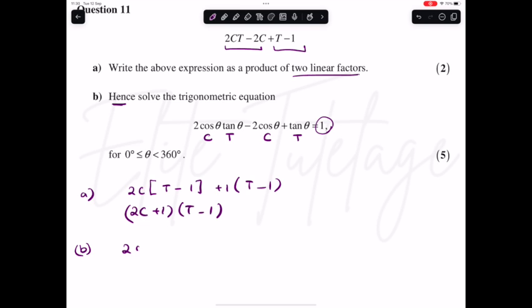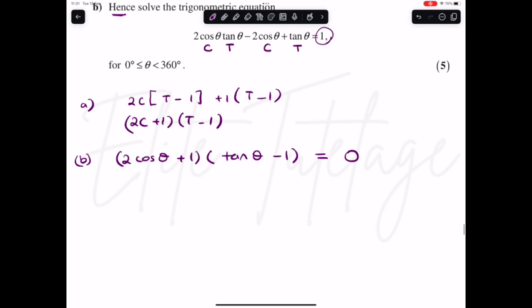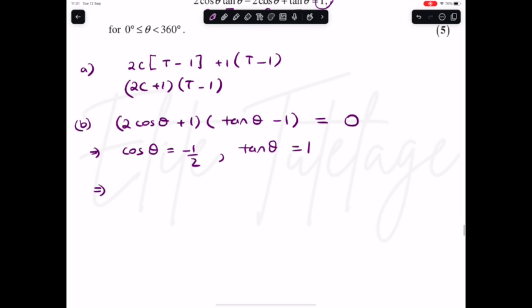So I can apply my results from the previous part, like so. All right, so now here I've got two brackets, so cos theta will be equal to minus a half, and tan theta is 1.